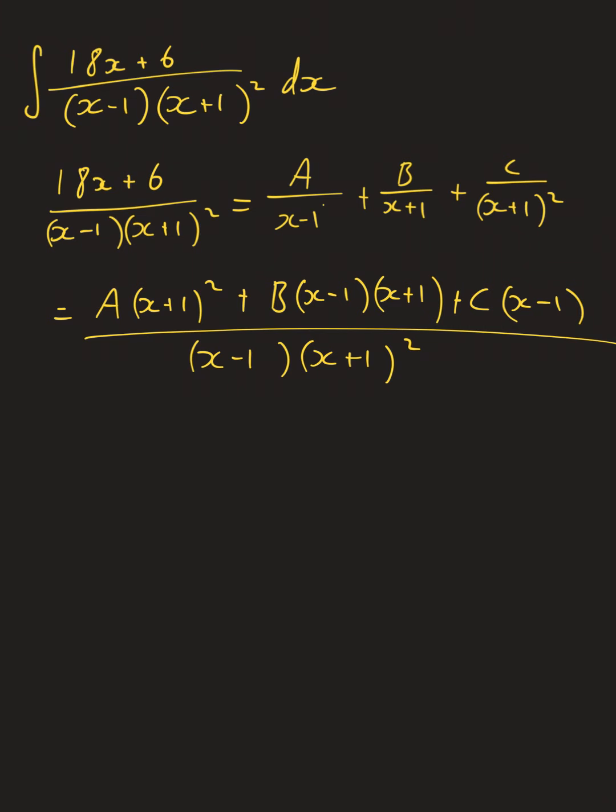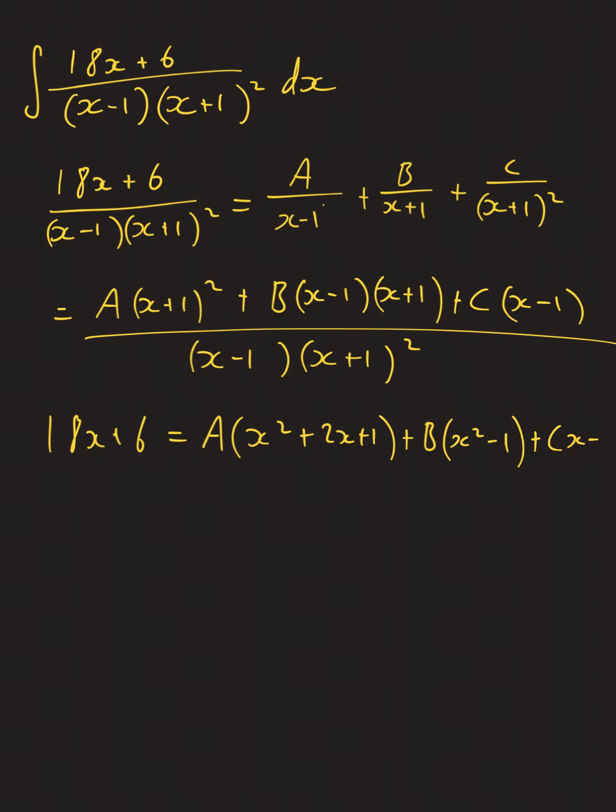So now I need to look at this term by term. So I'll have to multiply out that top line there. So 18x plus 6 is equal to a times x squared plus 2x plus 1 plus b times x squared minus 1 plus c times x minus 1.